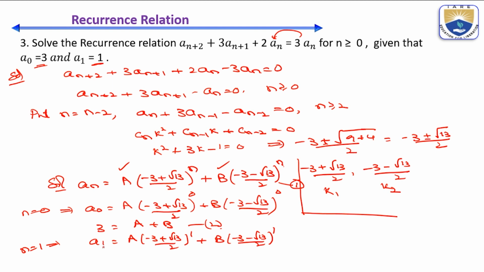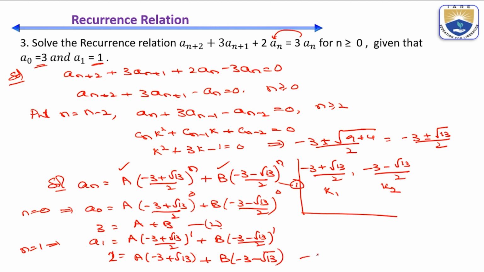Here a_1 is 1, and it is nothing but 2. I am just taking the 2 to this side. So a into (minus 3 plus root 13) plus b into (minus 3 minus root 13).